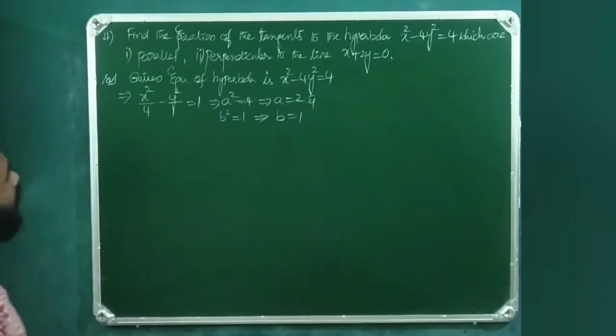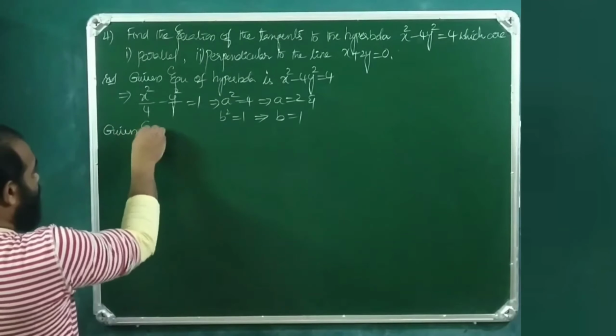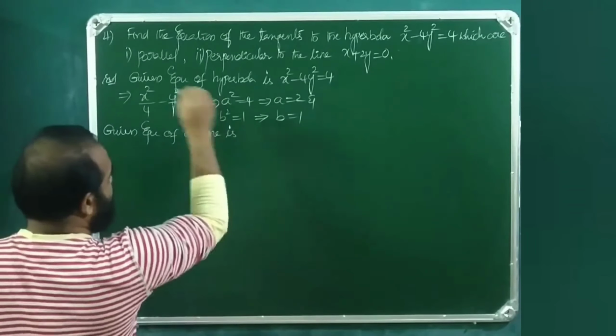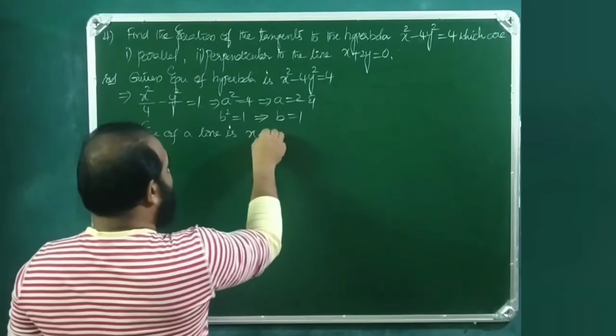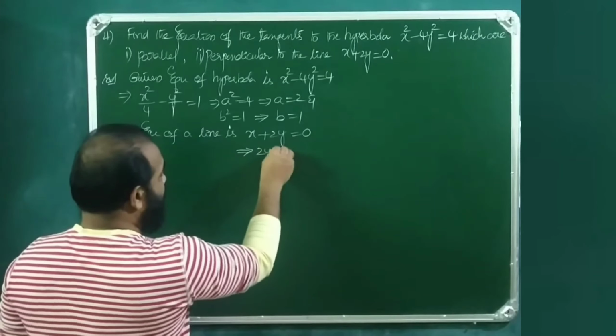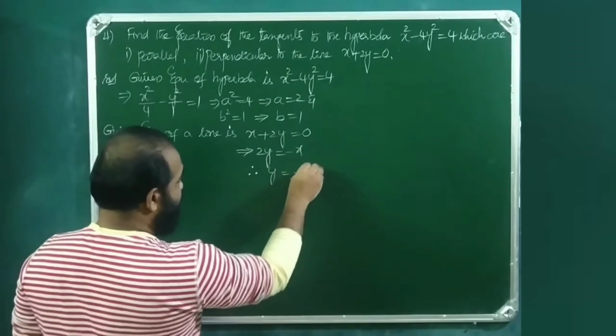Now, the given equation of a line is x plus 2y equals 0. From this, 2y equals minus x. Therefore, y is equal to minus x by 2.